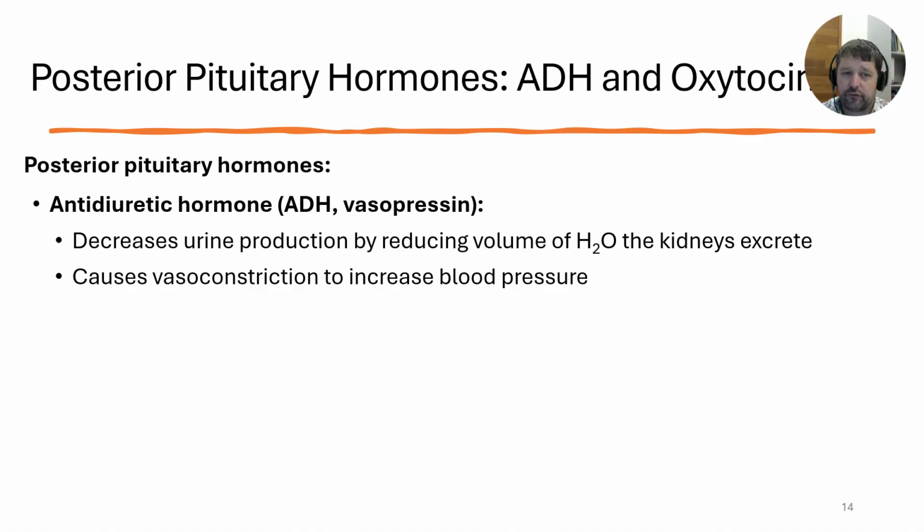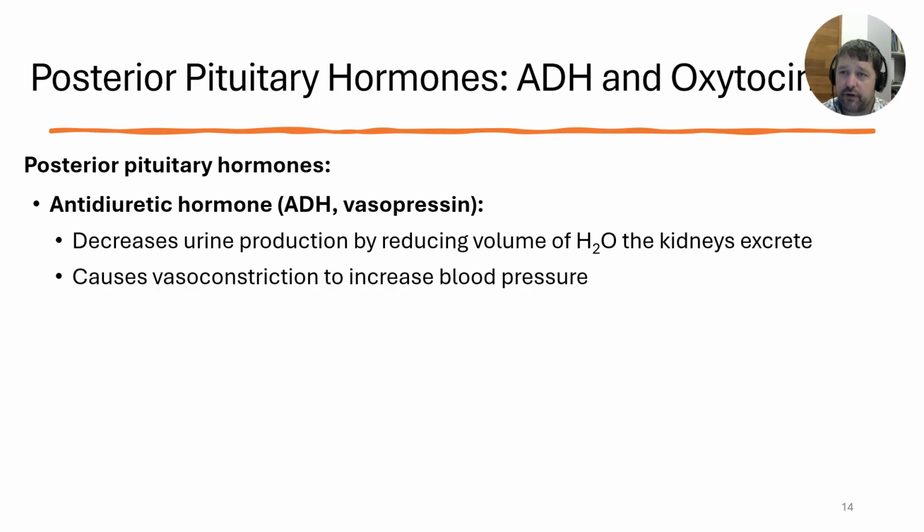So let's look at those two. Antidiuretic hormone is going to cause a few different things. First, vasoconstriction to increase blood pressure, but it also decreases urine production. So it withholds liquid in the body. It reduces how much water the kidneys are excreting.